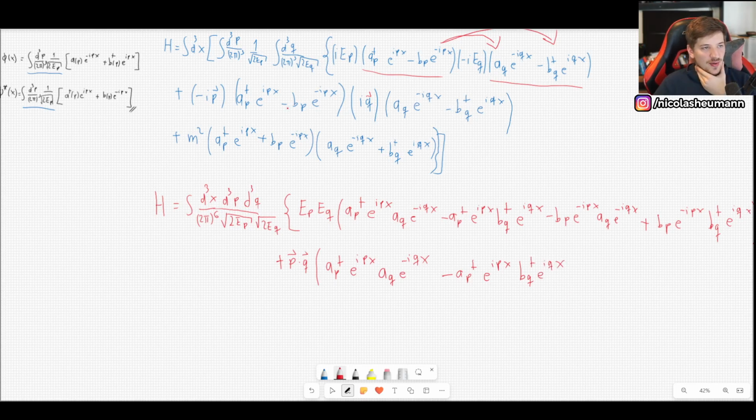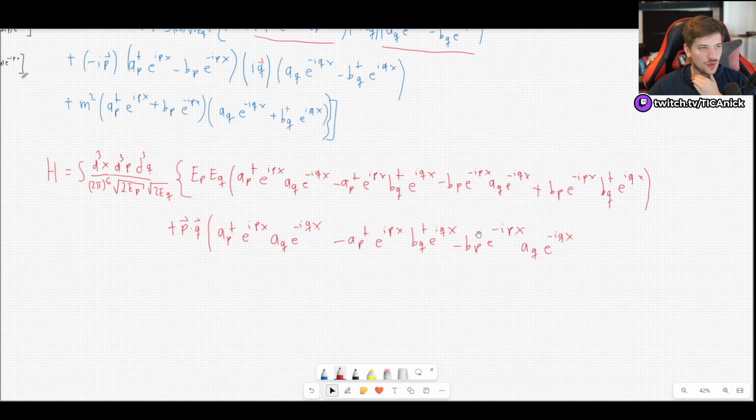In the next one, now we have minus the following, so minus b_p e^{-ipx} a_q e^{-iqx}. We have 1, 2, 3, so we need the fourth term now, so that's plus b_p e^{-ipx} b_q dagger e^{iqx}.